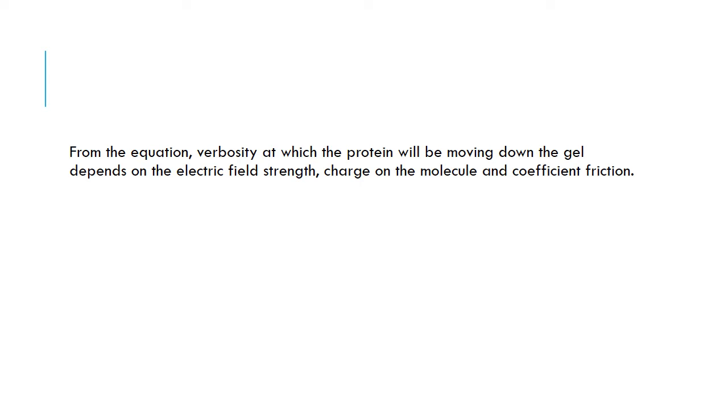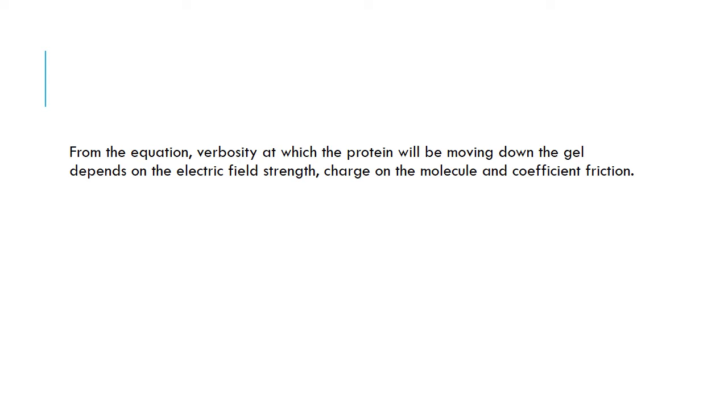So the statement reads: from the equation, the velocity at which the protein will be moving down the gel depends on the electric field strength, the charge of the molecule, and the coefficient of friction. So sometimes we can be asked which of the following cannot affect the velocity of the moving protein in electrophoresis, and we'll put options.